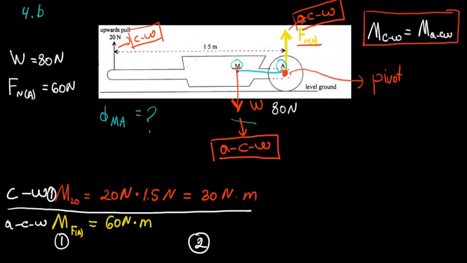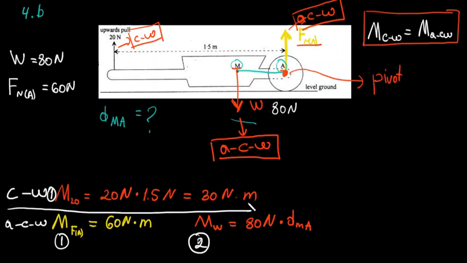The second anti-clockwise, I'm going to write with the red color. The moment of the weight is going to be 80 Newton times the distance from point M to the A.